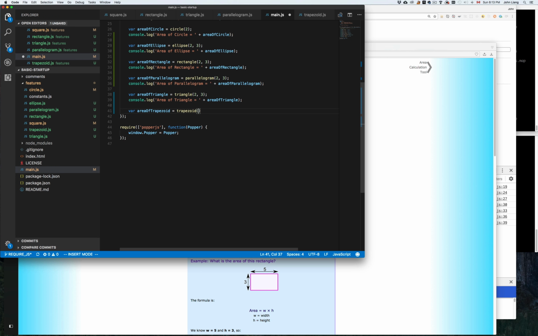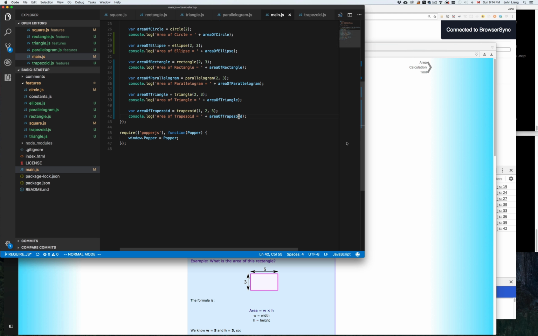So let's make it such that the top has a length of 1, the bottom has a length of 2, and the height has a length of 3. Let's put a 3 right there. Okay, let's display that on the screen. Trapezoid. That goes here. Save.